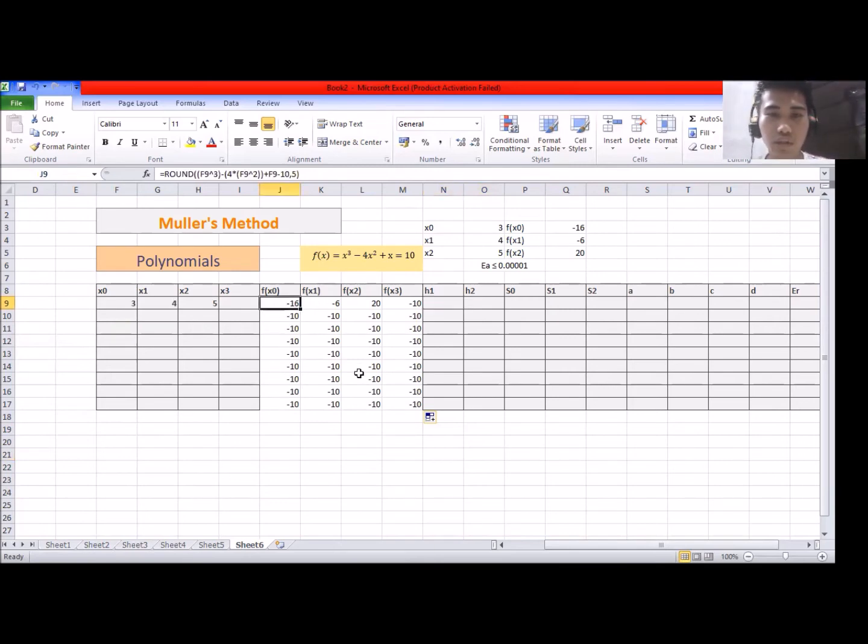So here, let's again copy this cell. Here we get the initial values.